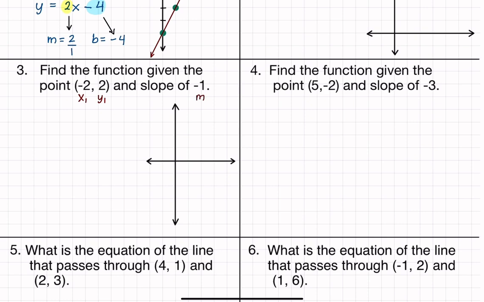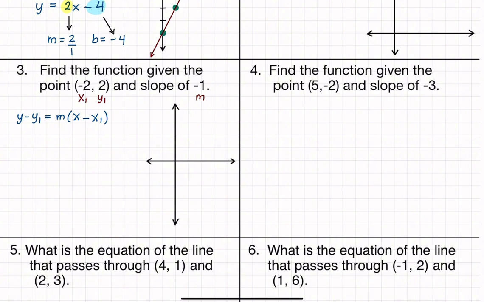Okay, next. So class, given the point and the slope, we're going to use the point slope form. So let's write the formula for the point slope form. We have y minus y sub 1 is equal to m times x minus x sub 1. Let's substitute the given.